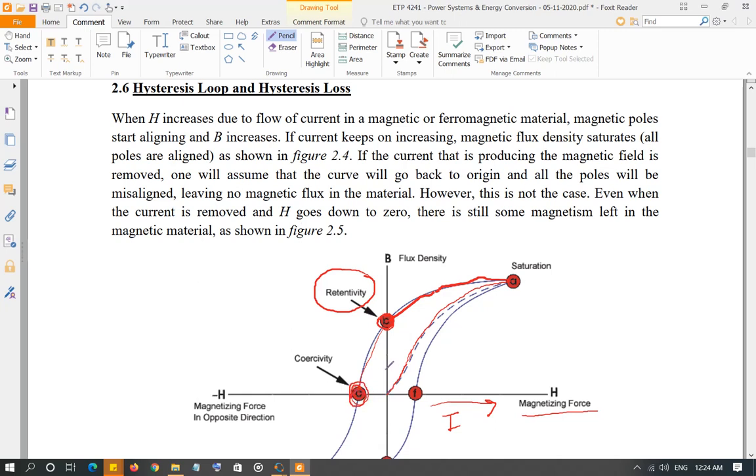That is, there is no flux density. So you need to supply this much energy right here in the opposite direction to misalign all the dipoles and to make the substance again a non-magnetic substance. And this is called coercivity, that is required for the magnet to lose its magnetism. That is, all the dipoles will become misaligned. That is coercivity.